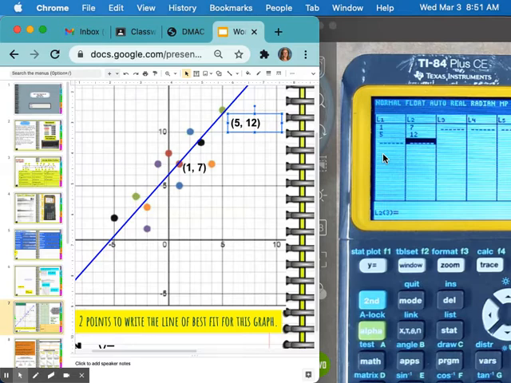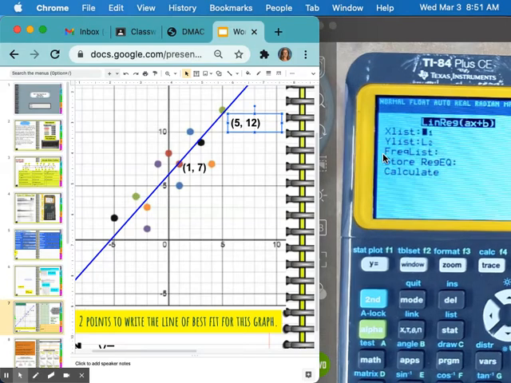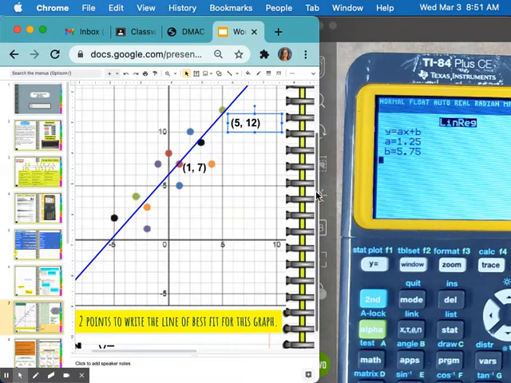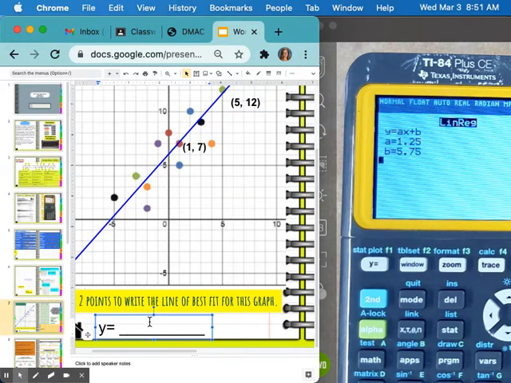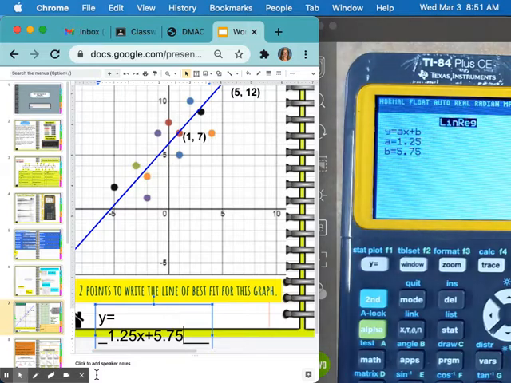Okay, now we have to calculate. Stat, calc, 4 for linear regression. And go down, enter, enter, enter. Here's our equation. So we're going to type it right here. y equals 1.25x plus 5.75.